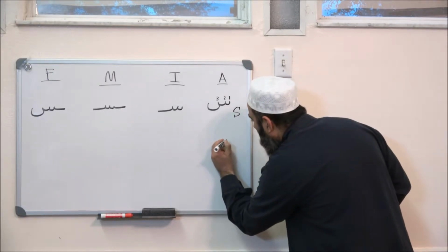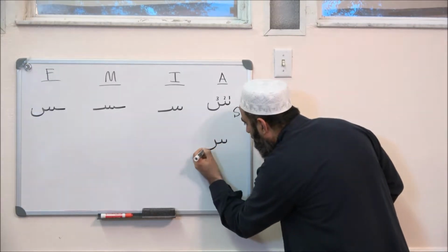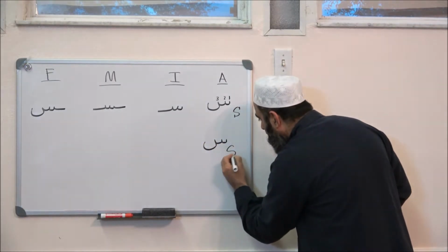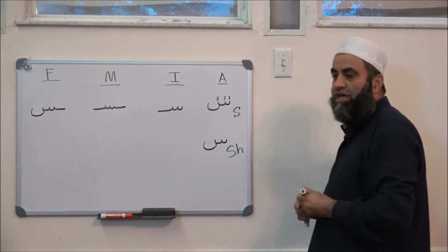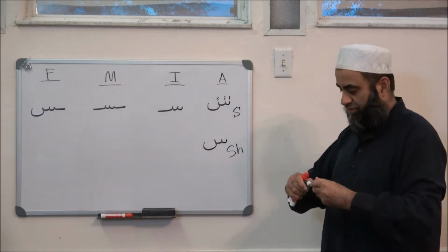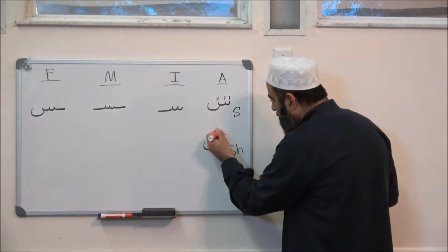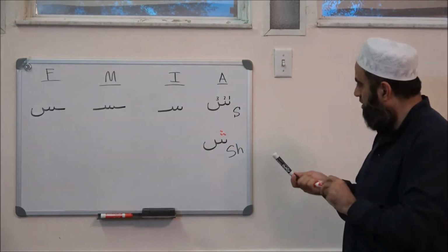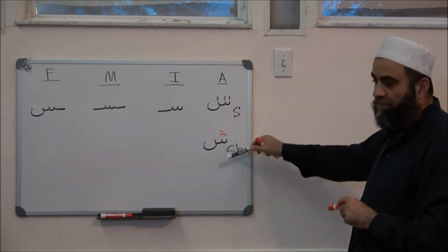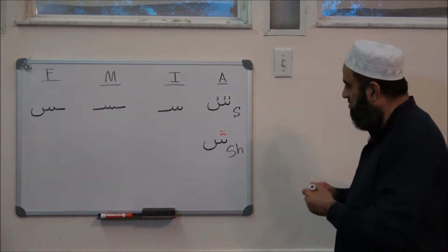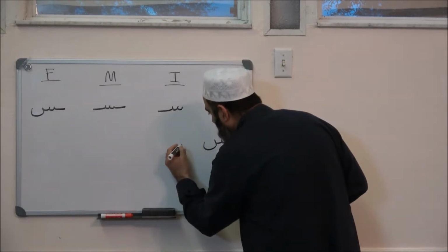Now the sha will be identical. And this is the SH like in the word sheriff. Let's put the 3 dots in another color just to emphasize them. So here's my sa, here is my sha, and everything else is identical.